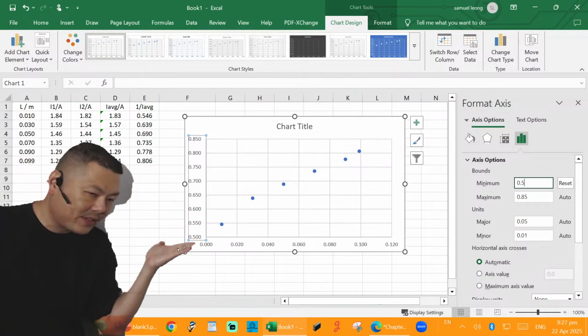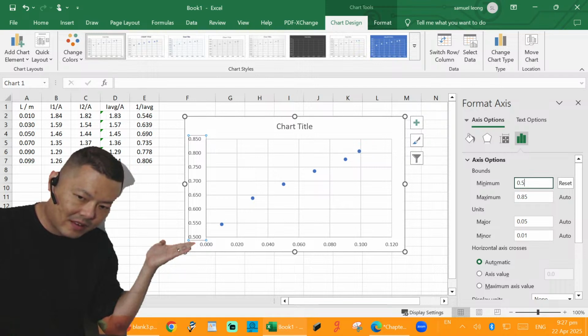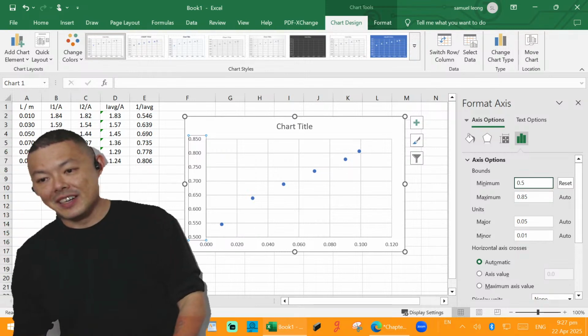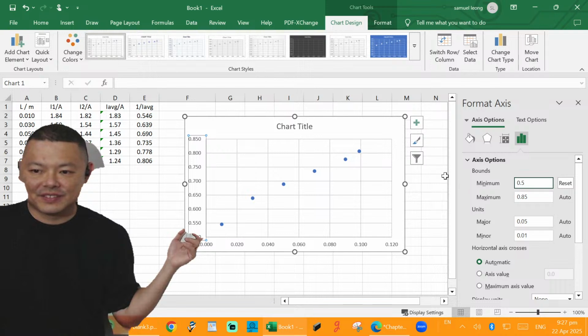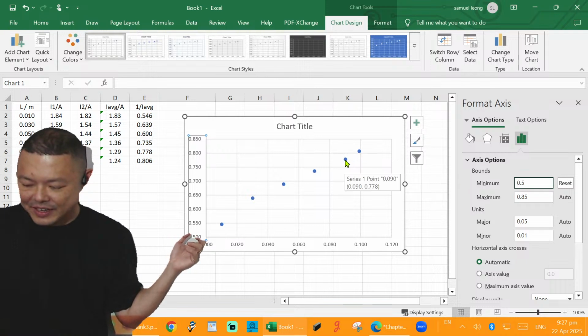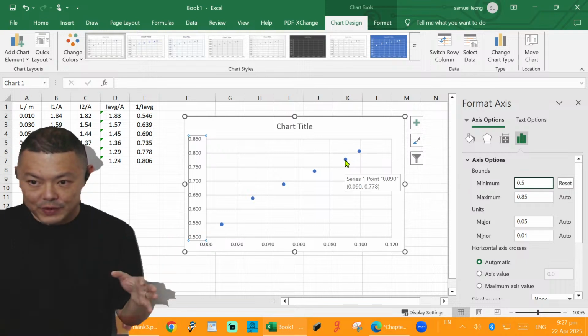But that means that the graph starts at 0.5. Can? But I don't know whether you actually need to do this lah. Okay, have you adjusted already?